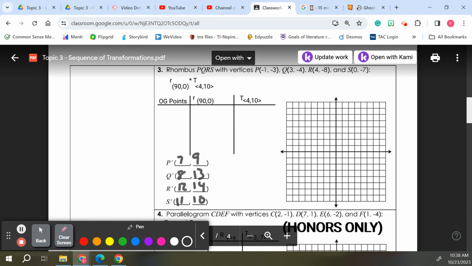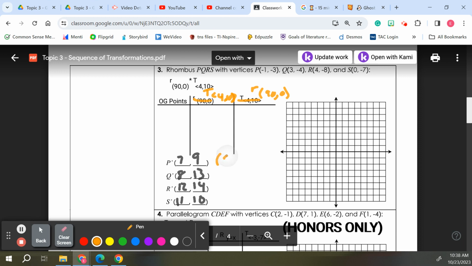So technically, what should have been done first was the translation of (4, 10), and then the reflection, a 90 degree rotation about the origin, counterclockwise. And if you did that, you would have had the following.